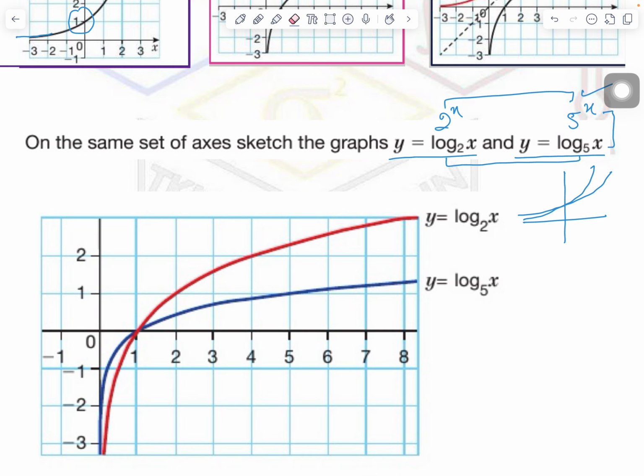Now let me explain to you why it passes through the x-axis at 1. We know, we have studied log already, that log of 1 is equal to 0, right? Now when we are sketching the log graph, we know it will pass through the x-axis, right? This is the property I have already told you. It passes through the x-axis.